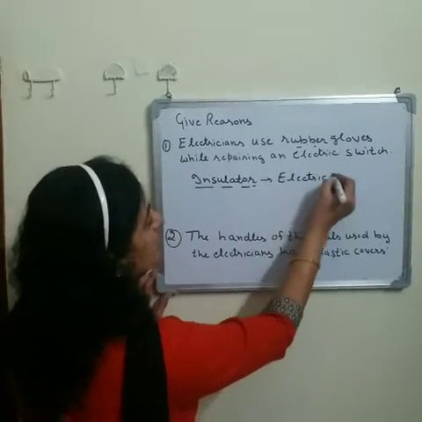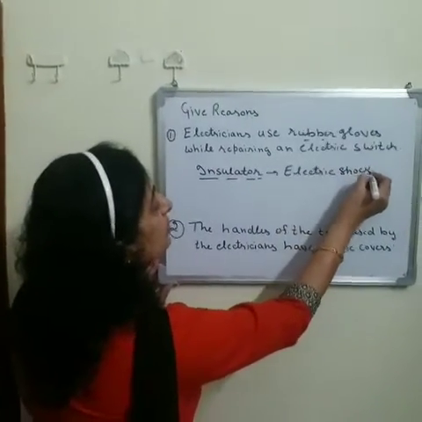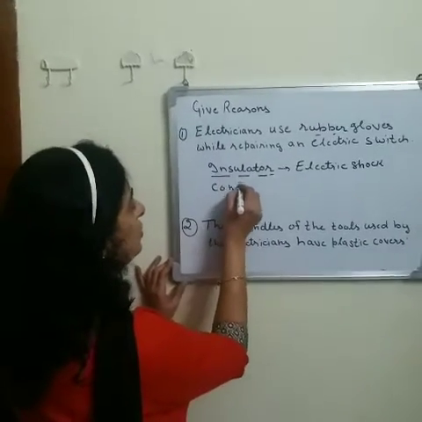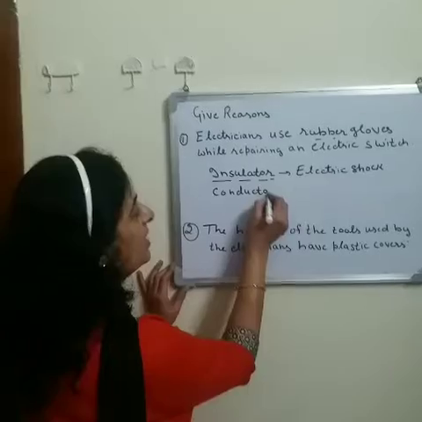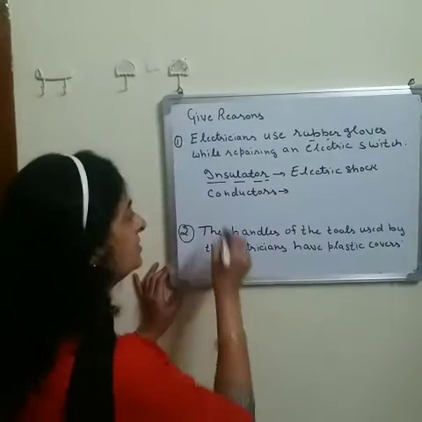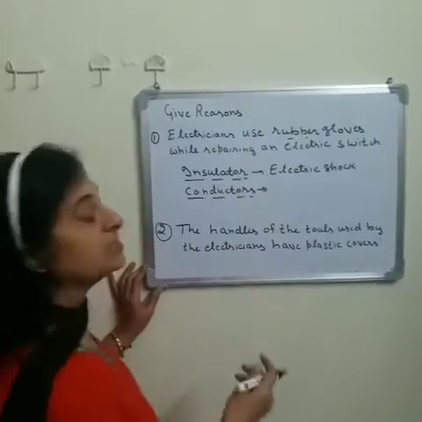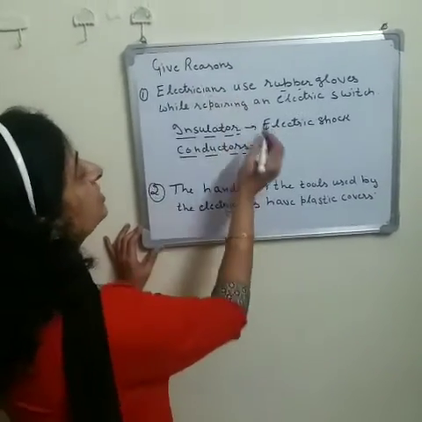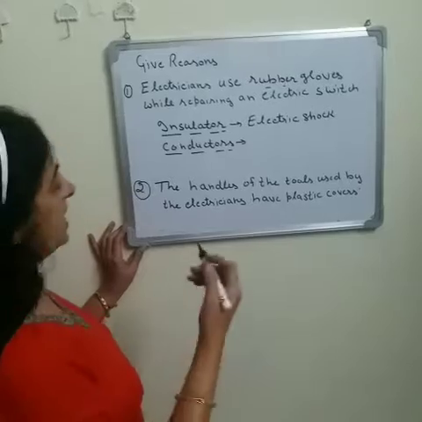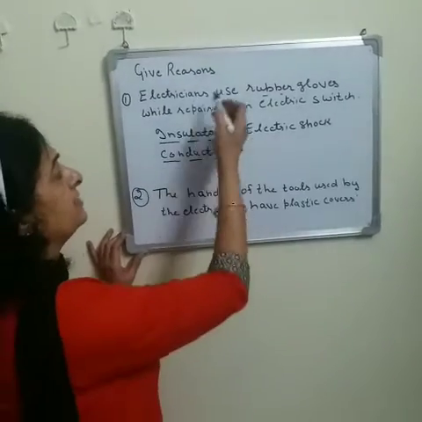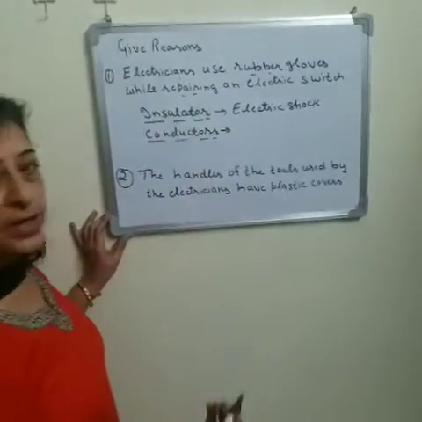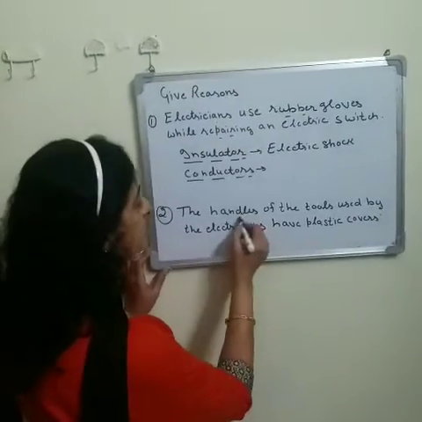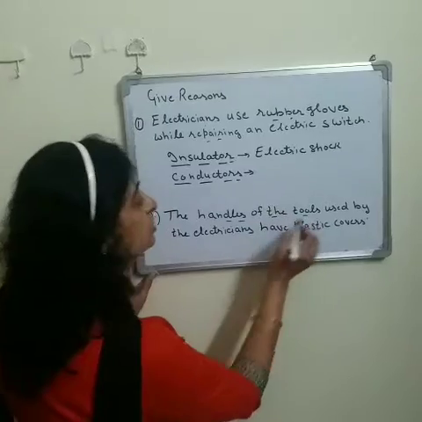Yes, from electric shock. Because the human body acts as a conductor of electricity. So to prevent the body from an electric shock, electricians use rubber gloves. In the same way, when electricians repair things, they use different tools, and you can see the handles of these tools.